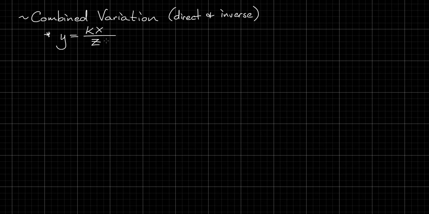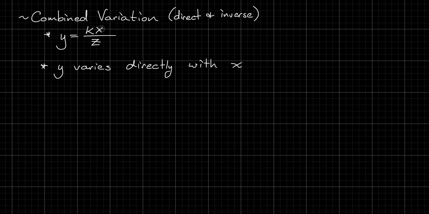In your minds, and I'm going to erase it on mine for just a brief moment, if I erase this part, this looks like y varies how? With what? Direct with x. So do you guys agree that on this statement, if we just look at that part, we could say right off the bat, y varies directly with x. And it sounds like a period there, but it's not. It's because there's more happening. It's combined with another type.